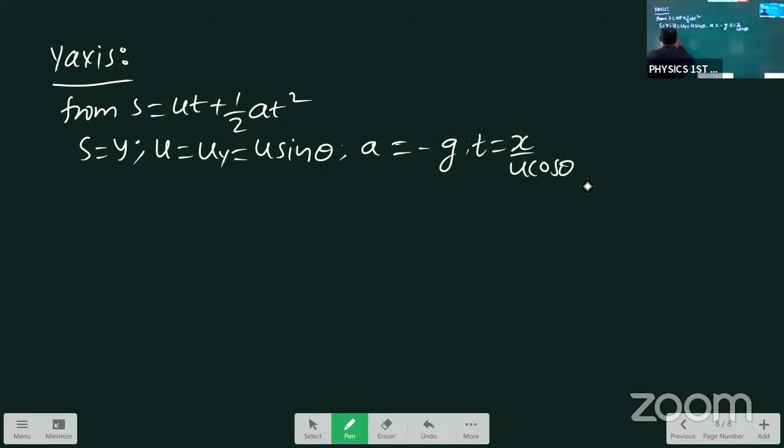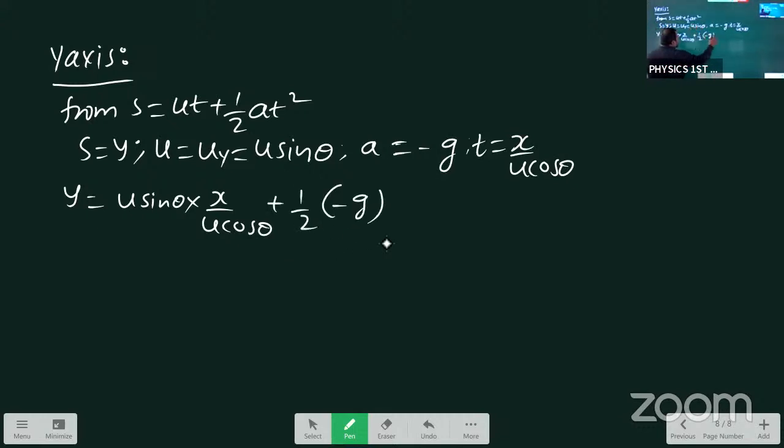Substitute this value here. S means y, u is uy, u sin theta, into time x by u cos theta, plus half a, minus g, t square, x by u cos theta whole square.